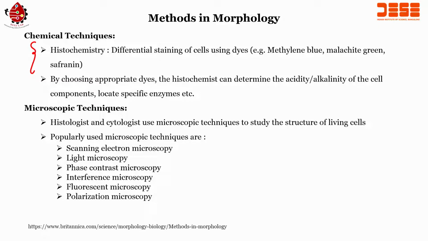These are the dyes that are used in histochemistry to understand the change in the cell morphology. Then by choosing appropriate dyes, the histochemist can determine the acidity and alkalinity of cells, and also locate specific enzymes. All right.